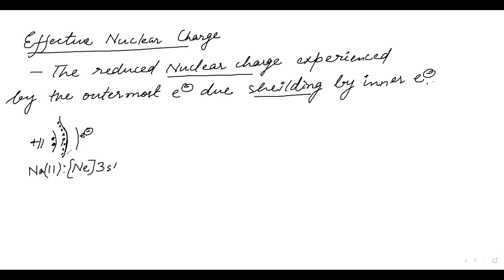8 electrons in the second shell. Now you will tell me, and this is 1 electron in the last, that is the third shell. These are 1, these are 2, these are 3.